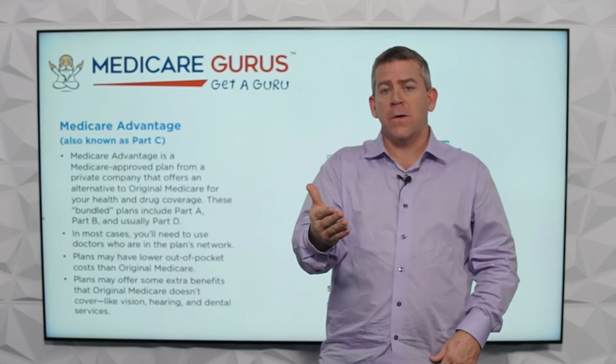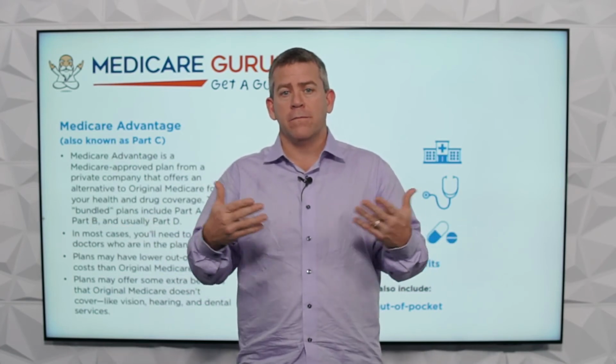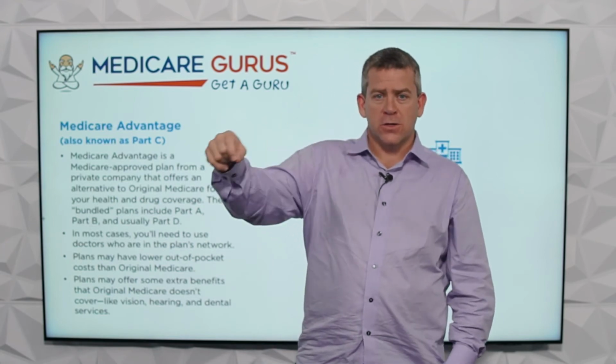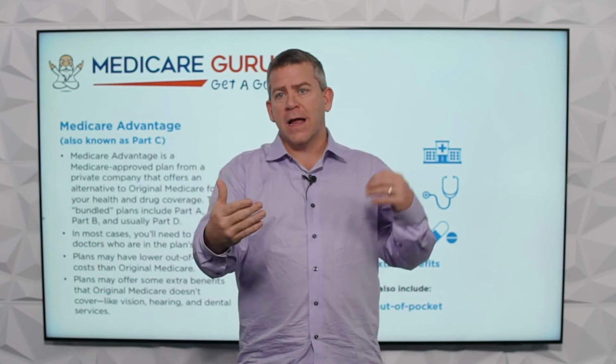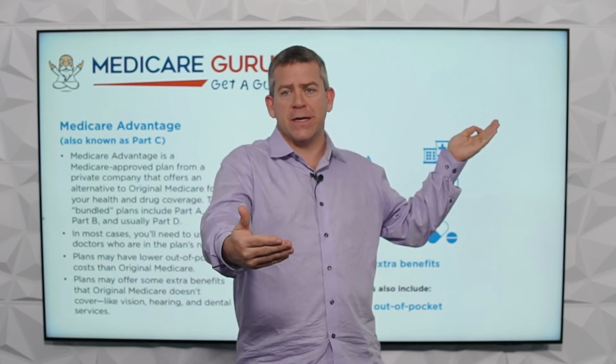What that means to you is that you'll have a lot of companies that you know by name that have private health insurance plans, and you get to choose one of those. Medicare pays them. They're your actual insurance coverage, and the Medicare program and the government oversee that, but they're not the one that actually pays the claim.